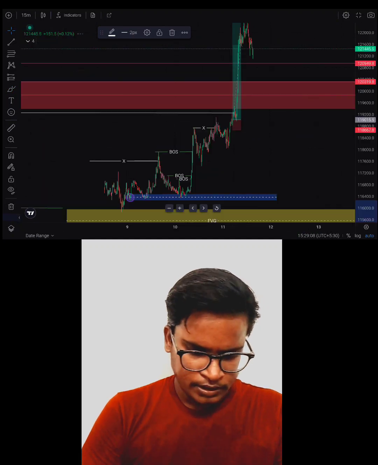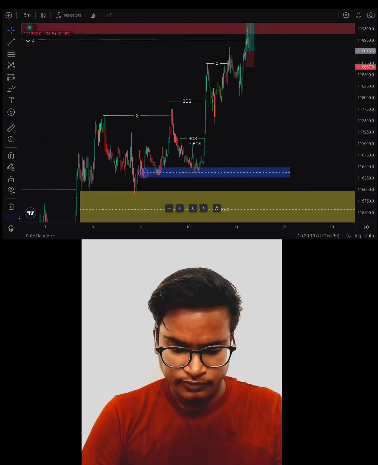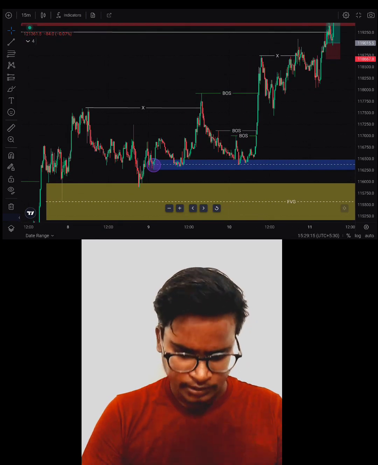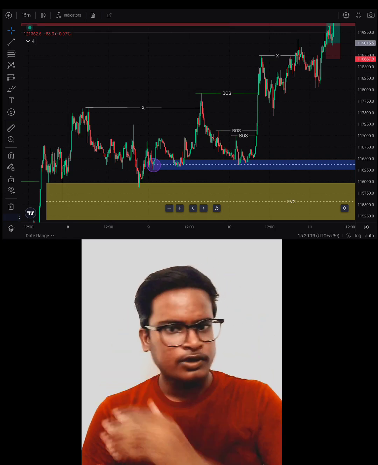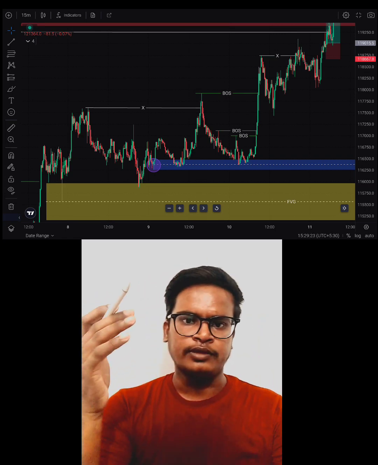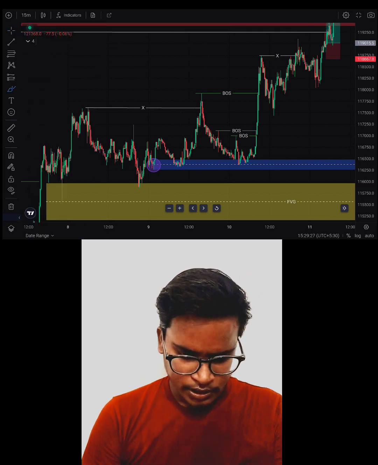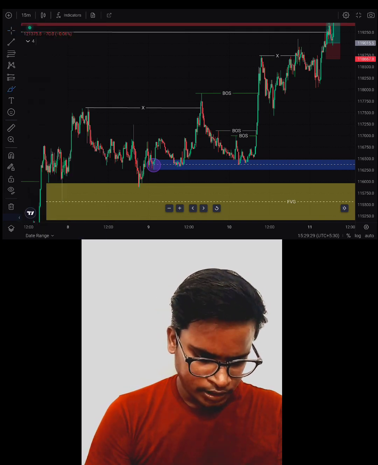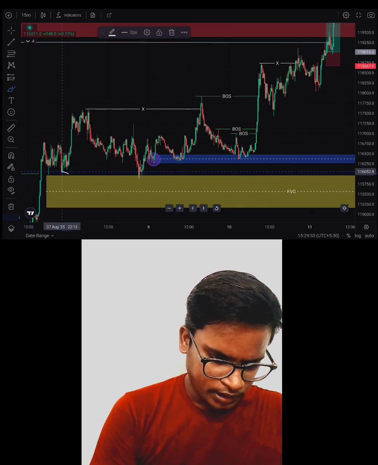When we move on to the 15-minute time frame, we will zoom in more so that we can gain more clarity on what the market is trying to do and who is in control, the bears or the bulls. Moving forward, we can see here this is a fair value gap.